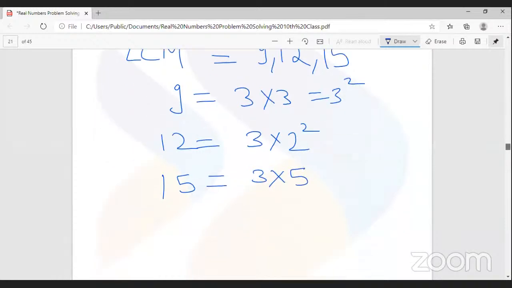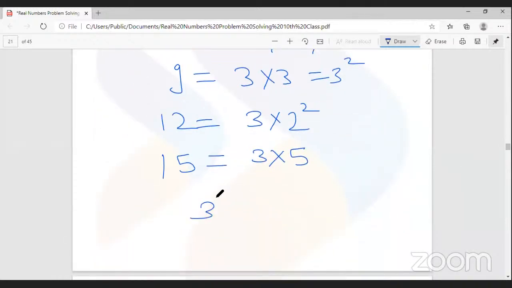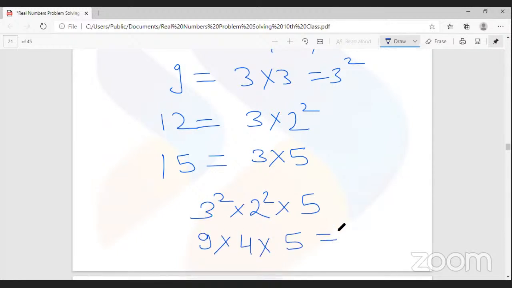So the LCM is 3 square into 2 square into 5. So what is it? 180. Yes, it is 180 minutes. Ma'am, 3 hours. Yes, so 180 minutes is 3 hours.